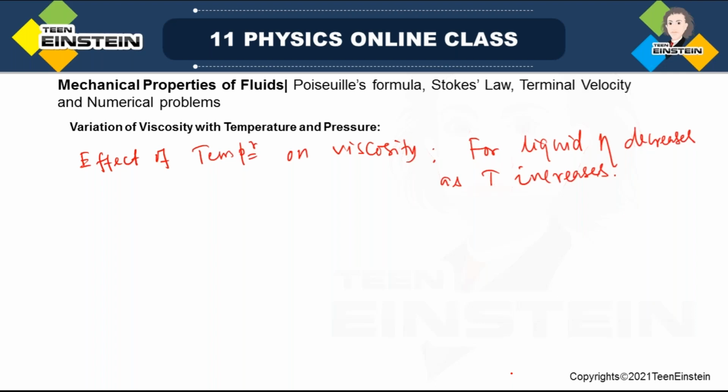And there is an empirical formula, you may remember this, with temperature. So eta t means the coefficient of viscosity at any temperature T. Eta 0 is at 0 degree centigrade, divided by 1 plus alpha T plus beta T square, where alpha and beta are arbitrary constants, and T is temperature.